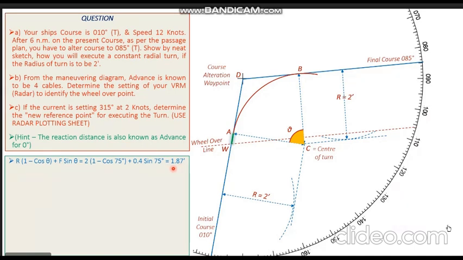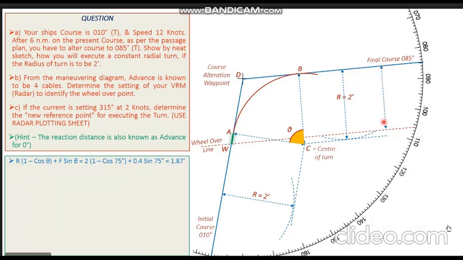Now, how do we use this distance? Let's use it on the plot. We come to the plot now, and on the final course, we pick up any suitable point. Any point of our choice can be picked up. I have picked up this particular point here. Now I keep my compass at this particular point where the laser pointer is right now. The compass is centered at this point. The compass is open equal to this distance which we have calculated, that is 1.87 miles.